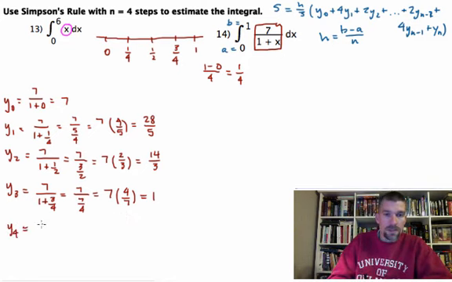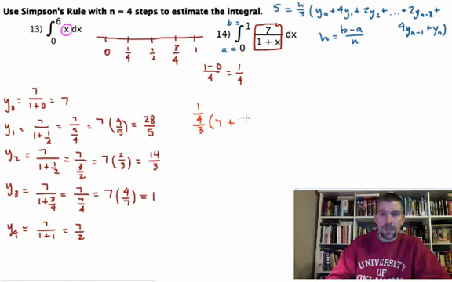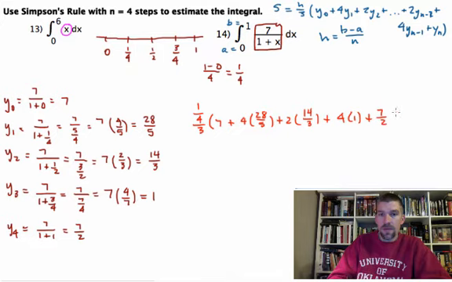So what does my Simpson's rule look like? It's going to look like 1/4 over 3 times 7 plus 4 times 28/5 plus 2 times 14/3 plus 4 times 1 plus 7/2.